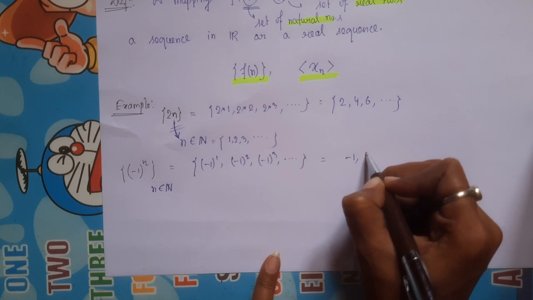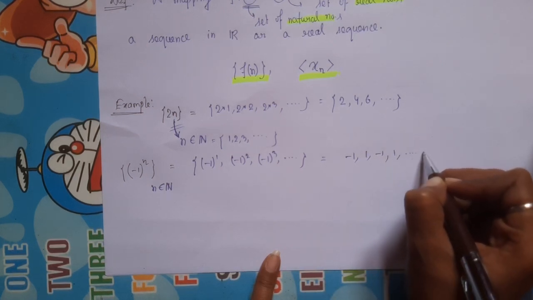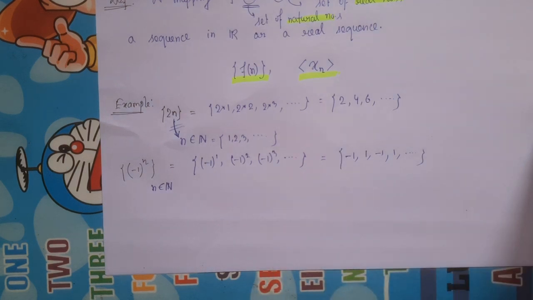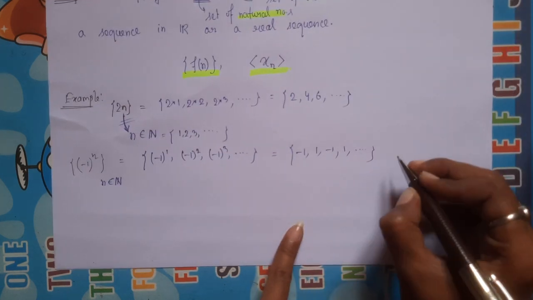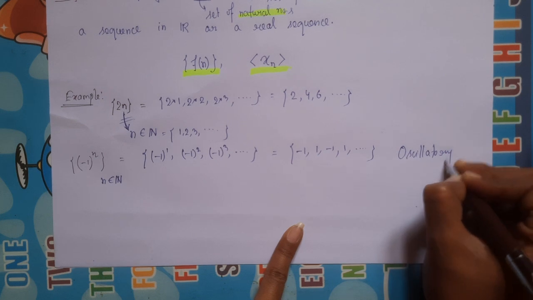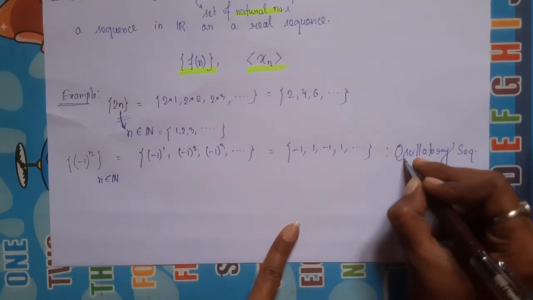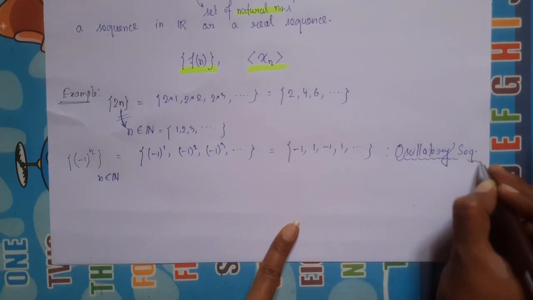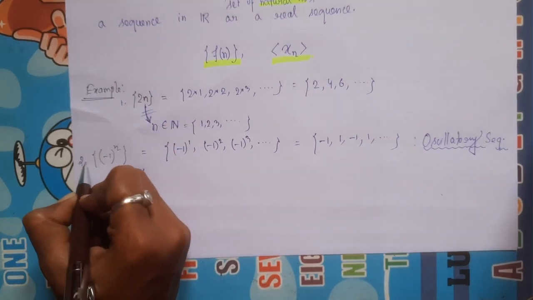Minus 1, plus 1, minus 1, plus 1, and so on. Okay, so there are only two terms in this sequence, one is minus 1 and the other is plus 1, and this type of sequence is called an oscillatory sequence because the terms are in repeating mode. That is why this is called an oscillatory sequence, right? So this is another example.